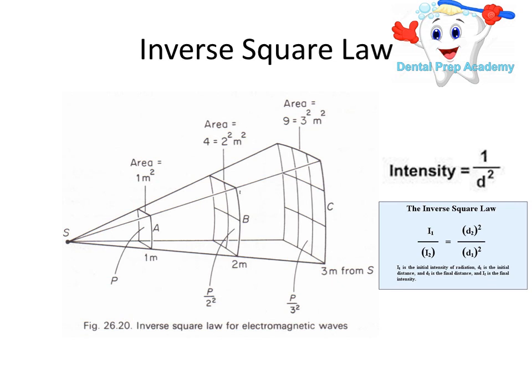Here, I1 is the intensity present at a distance of D1, and I2 is the intensity present at a distance of D2.